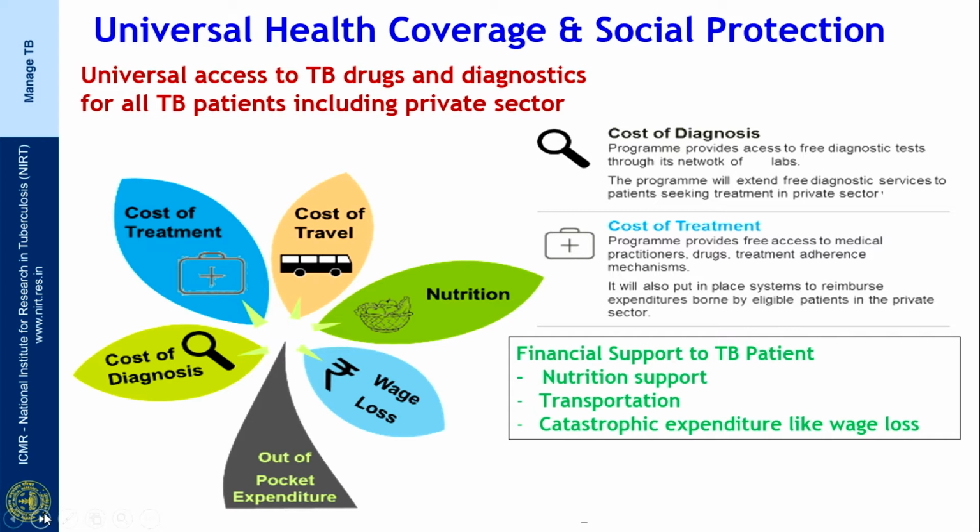Till now we have discussed various supportive mechanisms, but one more important thing is out of pocket expenditure, or the catastrophic cost to the patient. So how is this out of pocket expenditure identified?